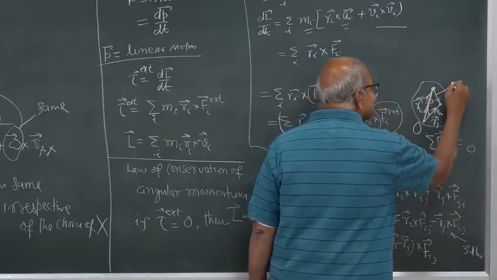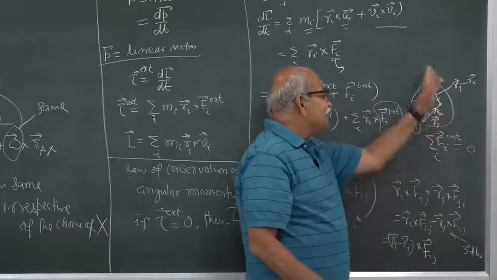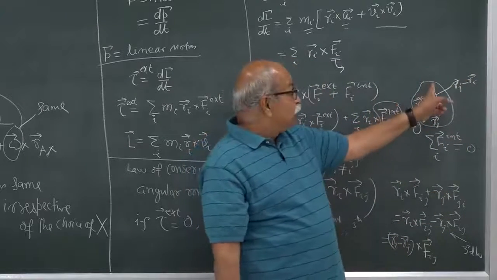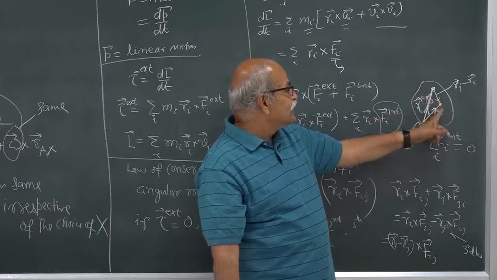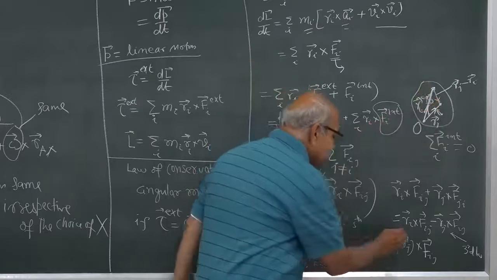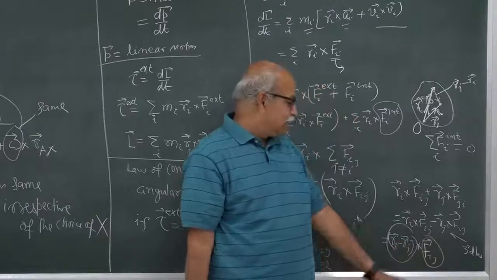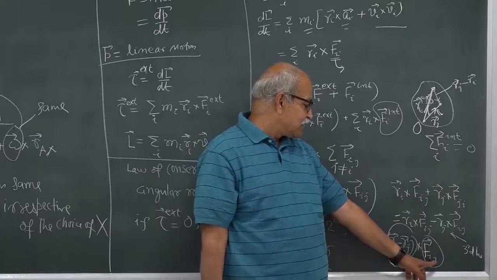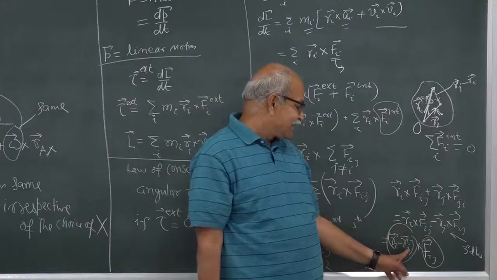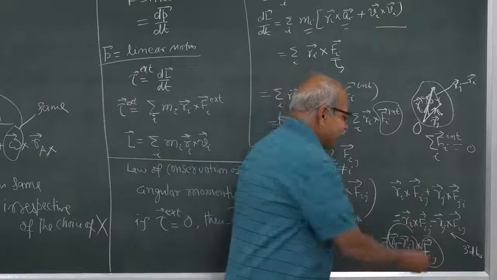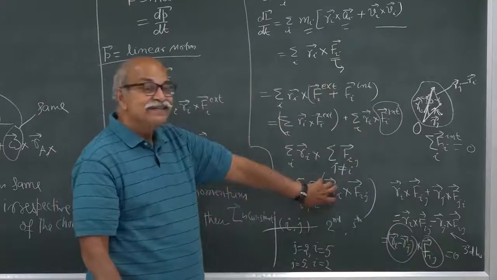This vector is Rj minus Ri, or Ri minus Rj. If the force is along the line joining the two particles, then this vector and this vector are parallel, and then this will be 0, and I will be sure that this whole thing will be 0.